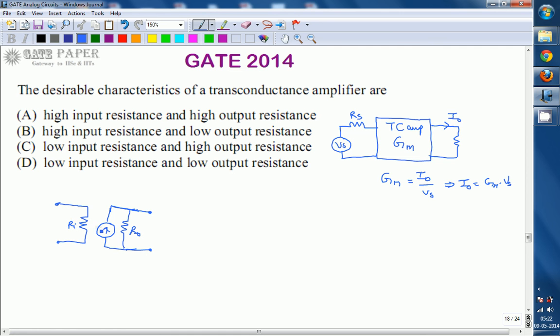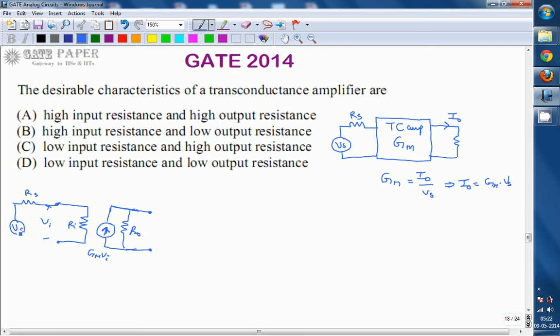This current source is indicated as GM times Vi. Vi is the voltage across the input terminals, and it is connected to voltage source Vs, which has internal resistance Rs.